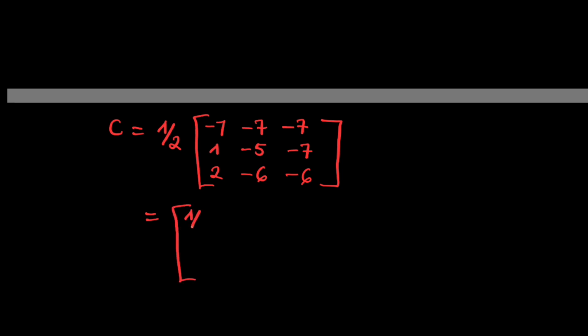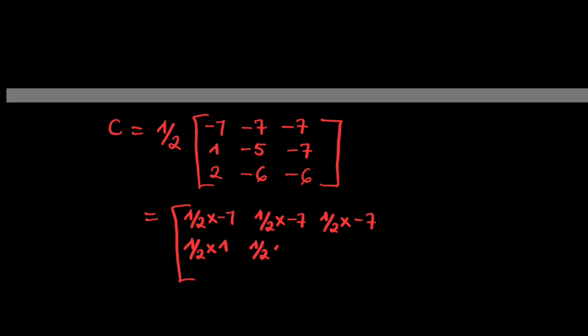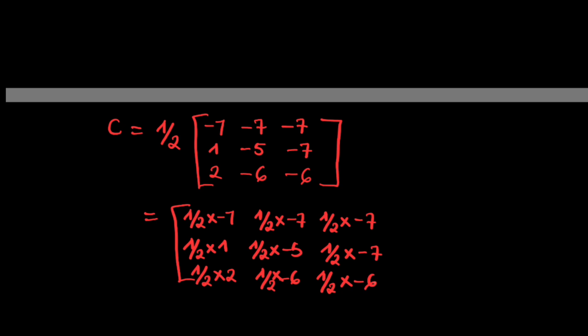This gives us half times minus 1, half times minus 7, half times minus 7 again, half times 1, half times minus 5, half times minus 7, half times 2, half times minus 6, and half times minus 6.